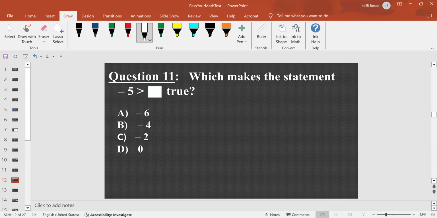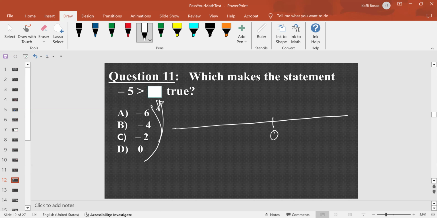Question 11. Which makes the statement -5 is greater than, empty box, true? We have 4 numbers. They want to know what number you can place in that box such that -5 is greater than that number. Remember a number line. Somewhere here, let's place 0.